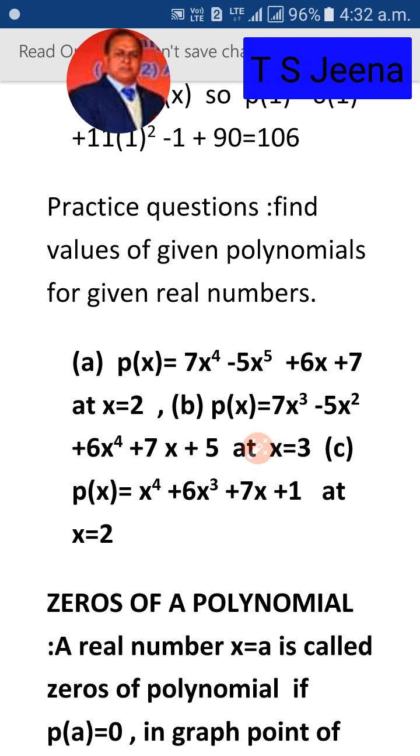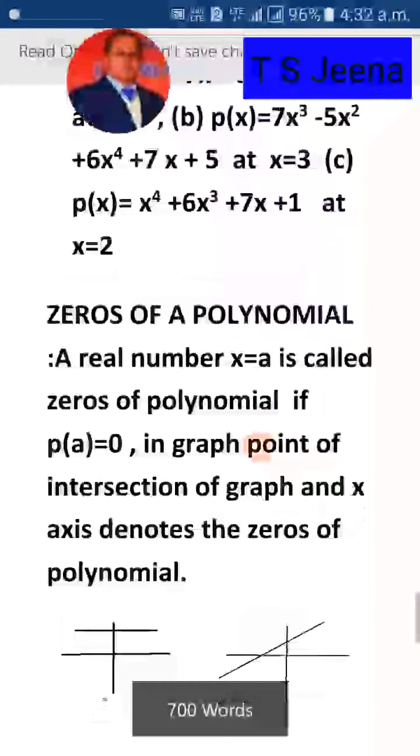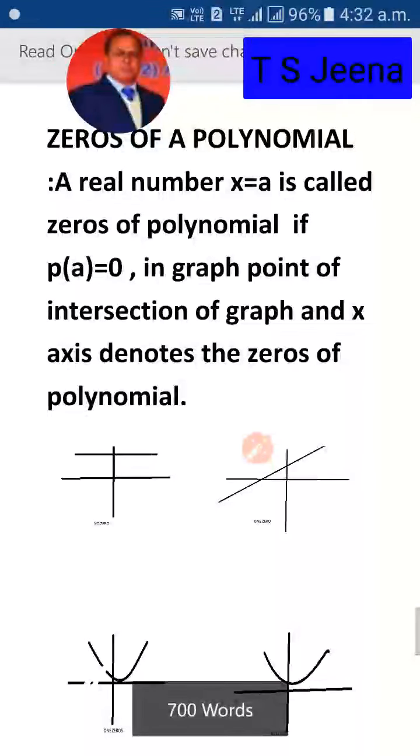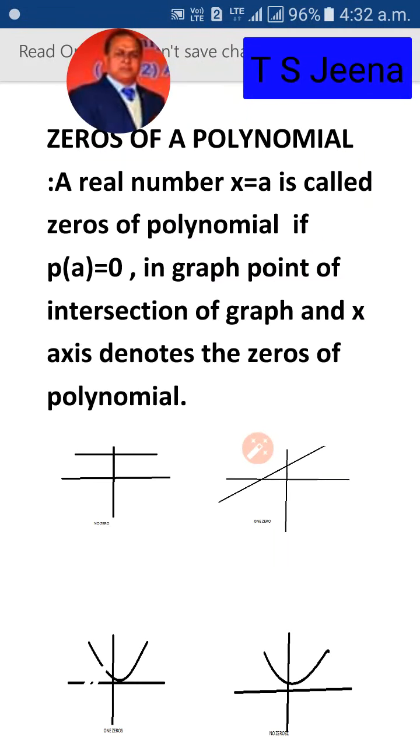The next topic is zeros of the polynomial. A real number x equal to a is called a zero of the polynomial if it makes the polynomial 0.